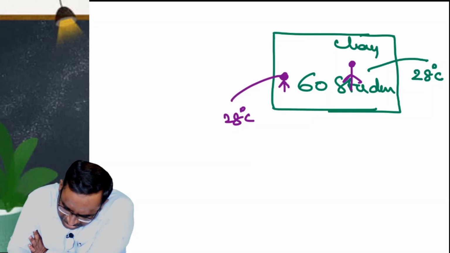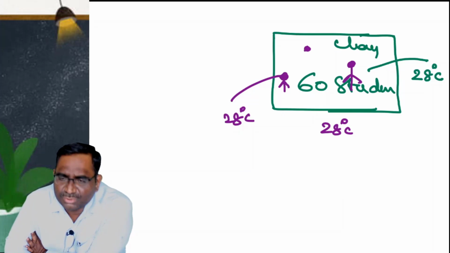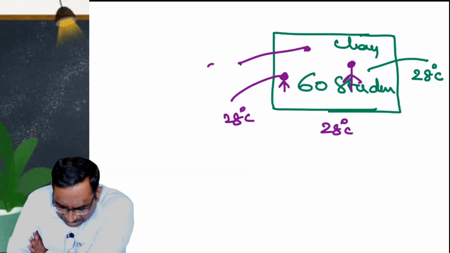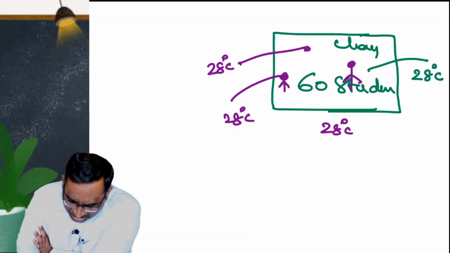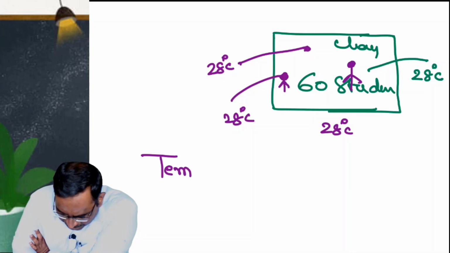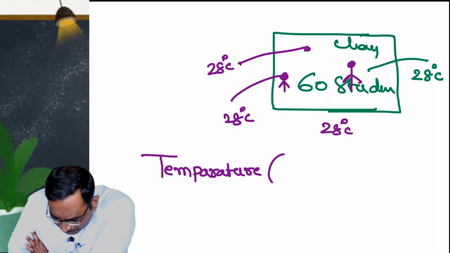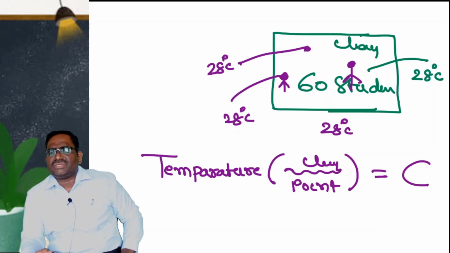What is the temperature at this student? Let it be 28 degrees centigrade. There is another student; what is the temperature there? Also 28 degrees centigrade. There is a student at this point; what is the temperature? 28 degrees centigrade. So here the temperature at any point in this class is equal to some constant.